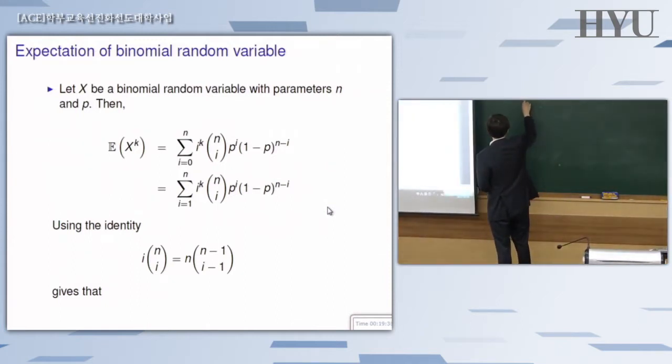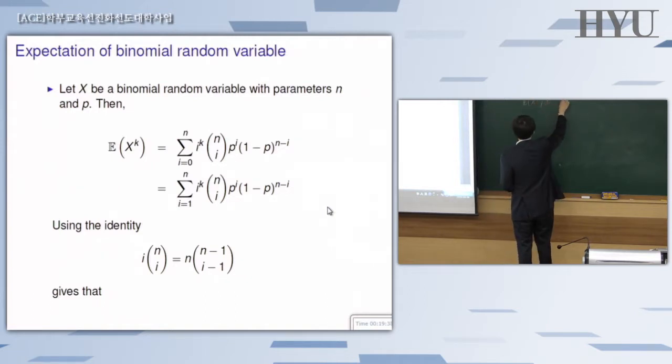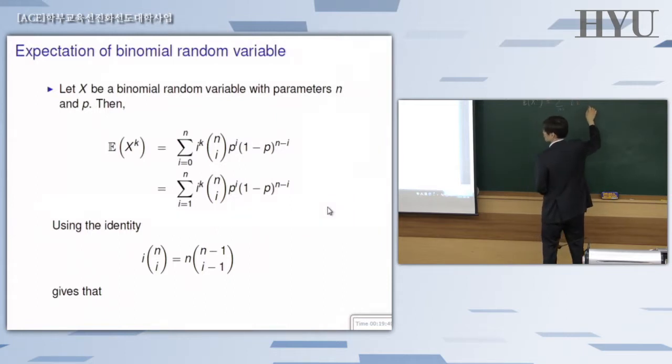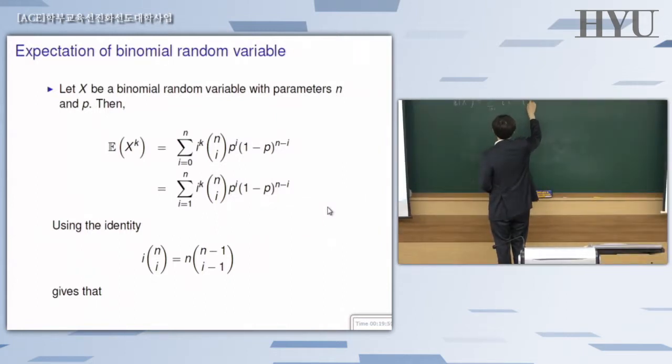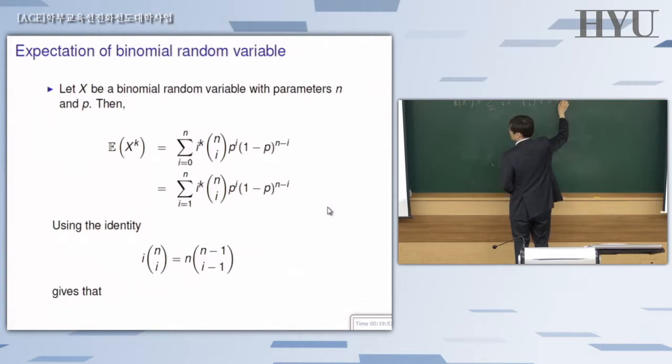So the expectation of x to the k, i running from 1 to n: that's i times i to the k minus 1, still n choose i, p to the i, 1 minus p to the n minus i. Right?